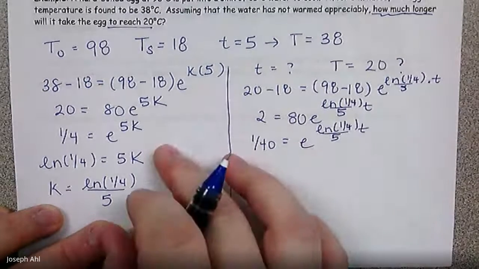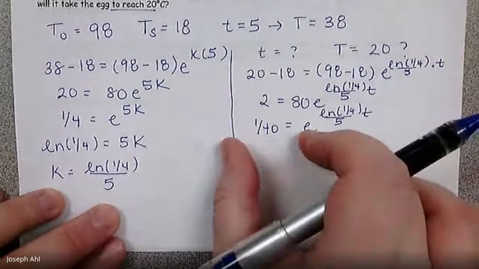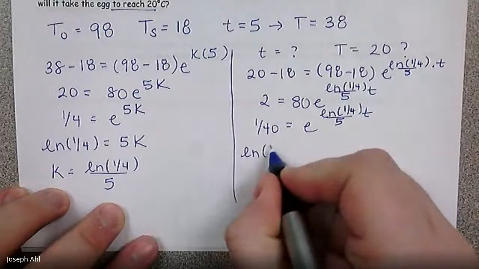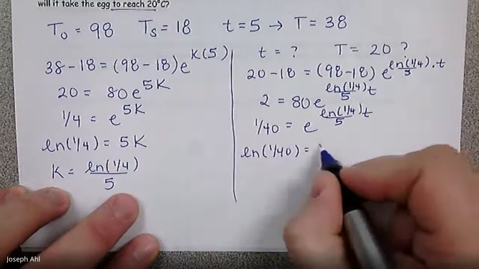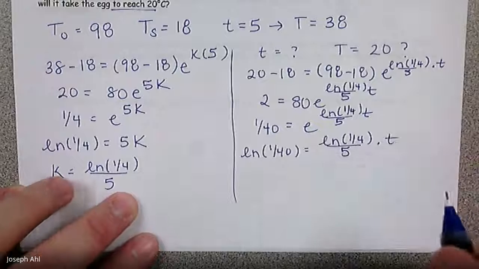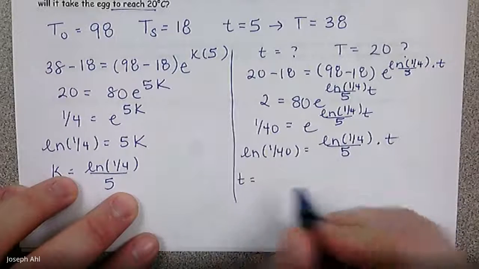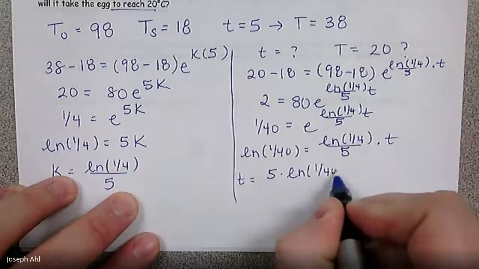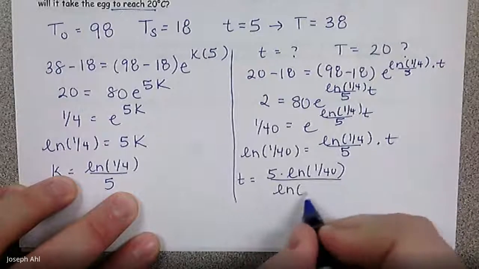Like I did in the last example, we're going to go ahead and take the ln of both sides because I know that that's going to drop down this exponent here. So the ln of 1/40th equals the ln of a quarter over 5 t. And therefore t equals, multiplying by the reciprocal, 5 times ln of 1/40th divided by the ln of a quarter.